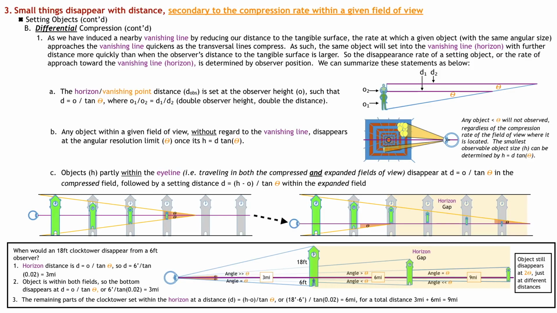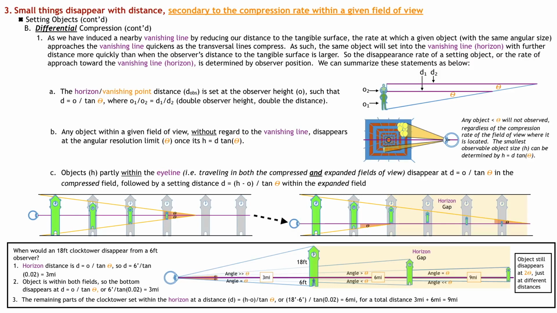So the remaining part of the clock tower sets within the horizon distance at d equal to h minus o divided by tangent theta, or 18 minus 6, which is 12, divided by the tangent of theta, and that's at 6 miles. So for a total distance of 3 plus 6 equal to 9 miles. So this 18-foot clock tower will completely disappear below the purple line 9 miles away.